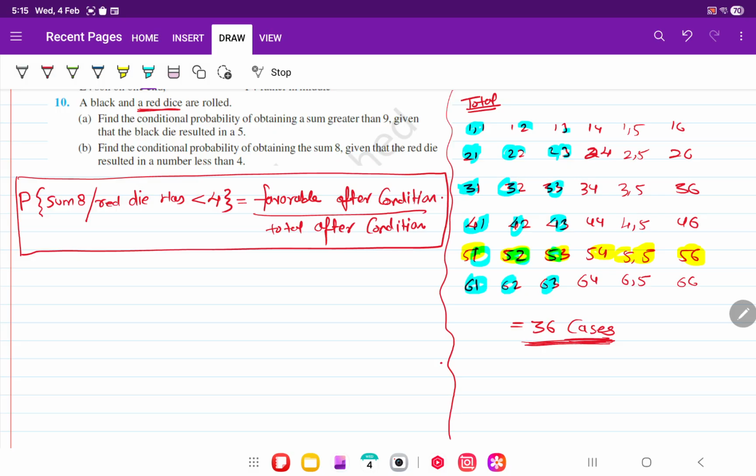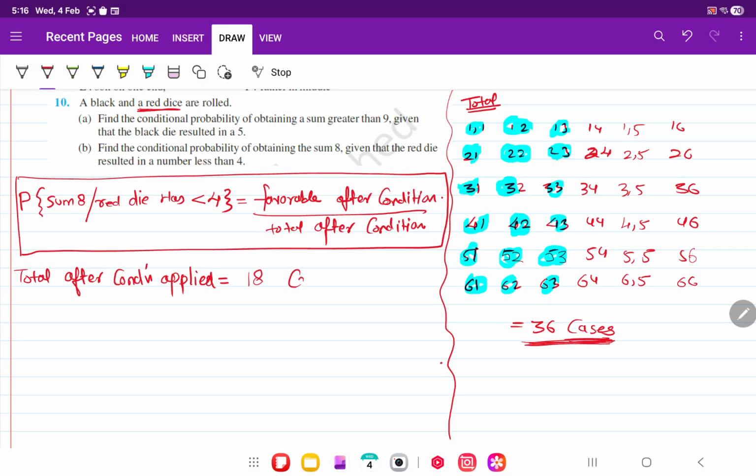So only these blue ones that I highlighted are total cases after the condition is applied. Understood? So total how many are there after condition? We can see 1, 2, 3, 4, 5, 6 threes are 18. Total 18 cases.